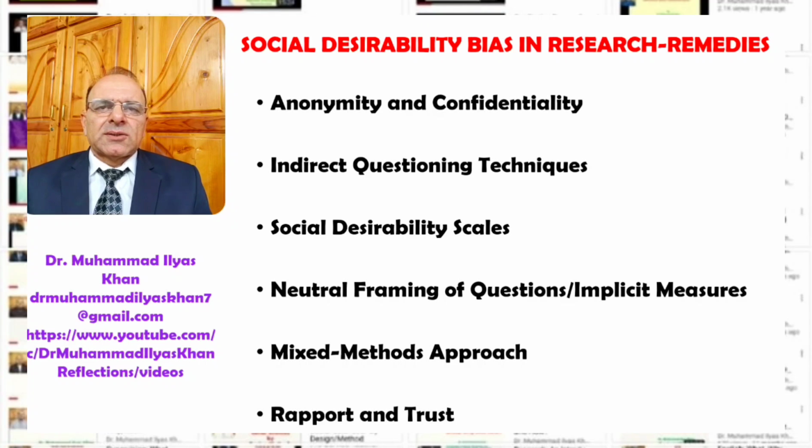Then social desirability scales. There are certain scales that researchers can use to check their questionnaires or data collection tools, to ensure a decrease of social desirability bias in their data collection. Neutral framing of questions or implicit measures.